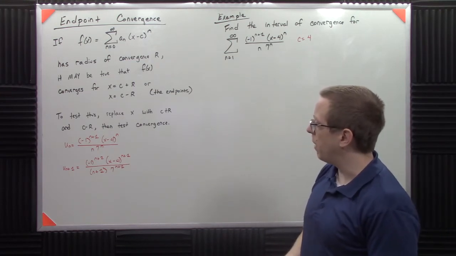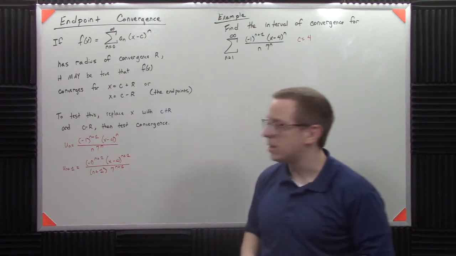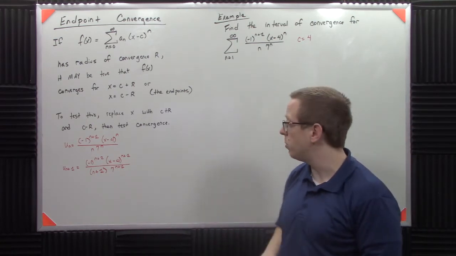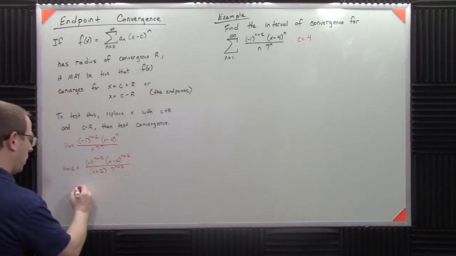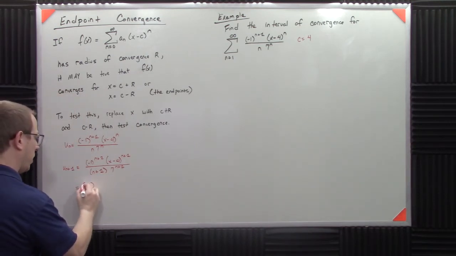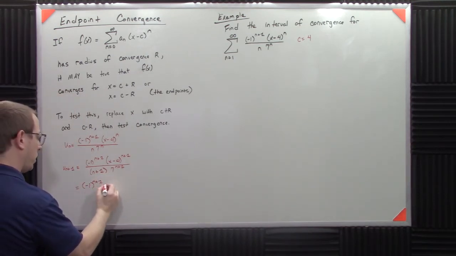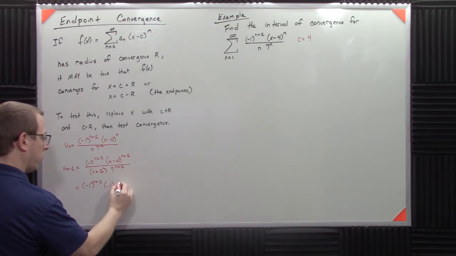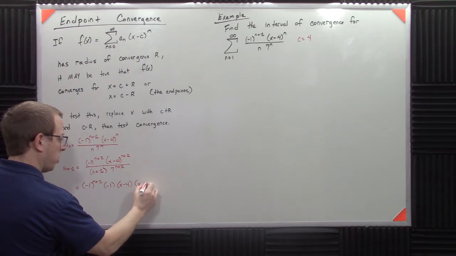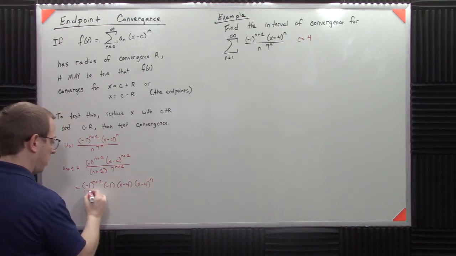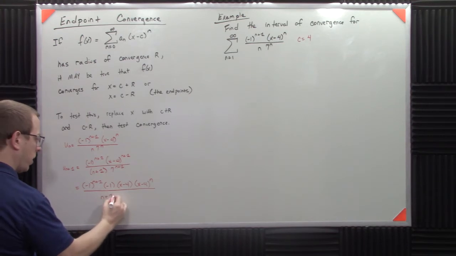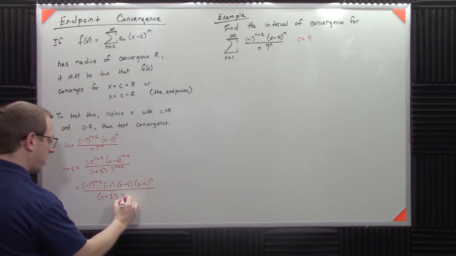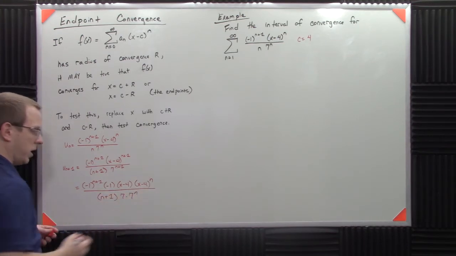So I'm also going to rewrite this in a way that probably would make the most sense, which is -1 to the n plus 1 times -1 times x minus 4 times x minus 4 to the n, all over n plus 1 times 7 times 7 to the n.